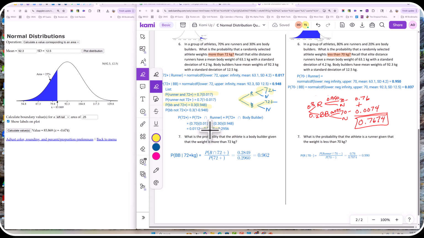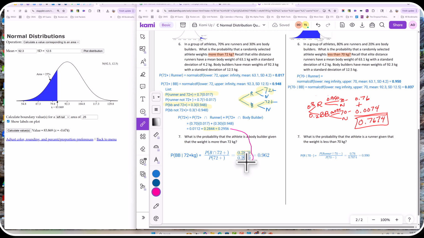Wonder why I have a different digit there. I'll have to go figure that out. And so that goes on top, right? So that they are a bodybuilder and at least 72 pounds over the probability they are just 72 pounds. So that number comes from up here, and it goes right there.